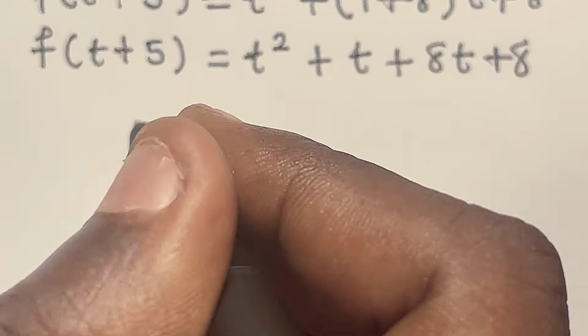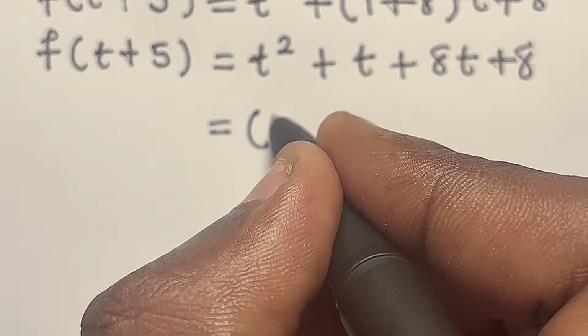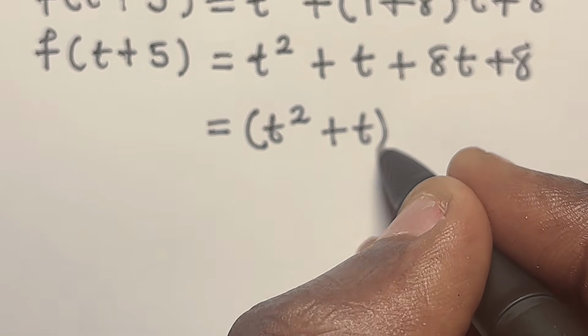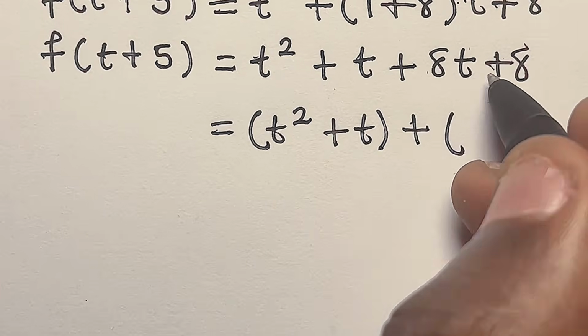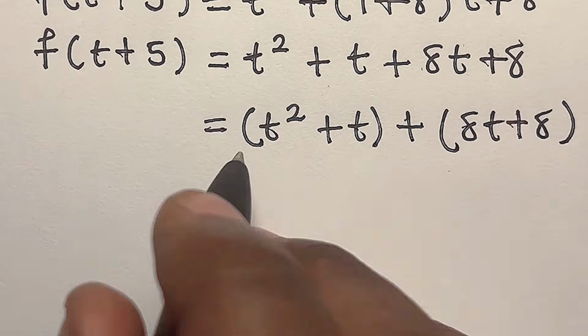So from here we'll have t squared plus t. Let's take them as one factor, plus 8t plus 8. Let's take them as another factor.